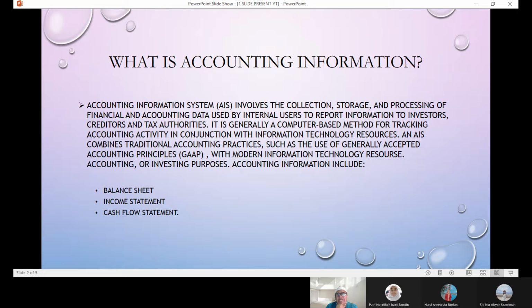Accounting Information System is a subject in the Bachelor of Accountancy Honours, so this is not the definition of accounting information. This is the definition for accounting information system. You are confusing accounting information and accounting information system.